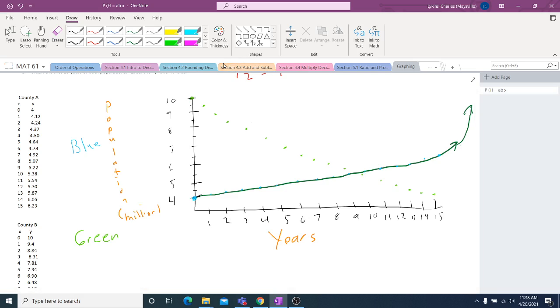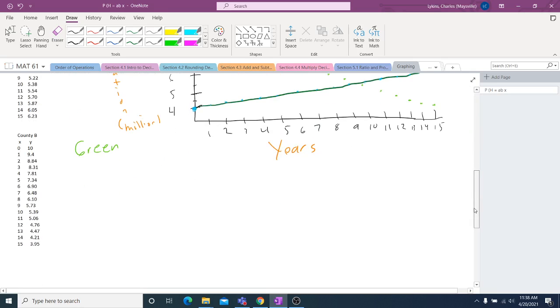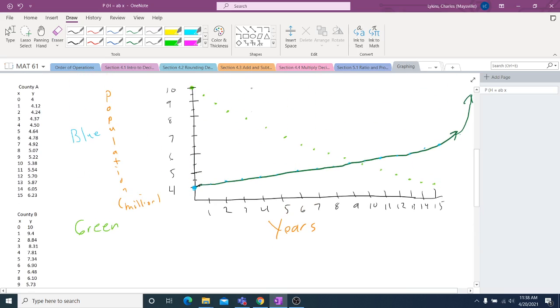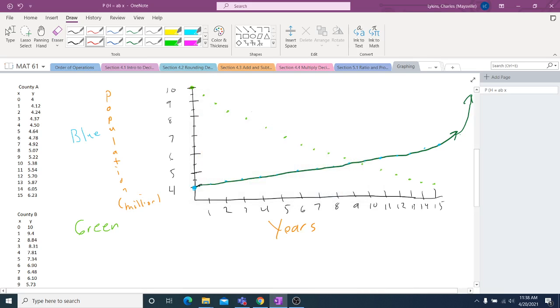Now look at your y2 values. Notice it starts at 10, so it's 0, 10; 1, 9.4; all the way to 15, 3.95. I went ahead and connected the dots.